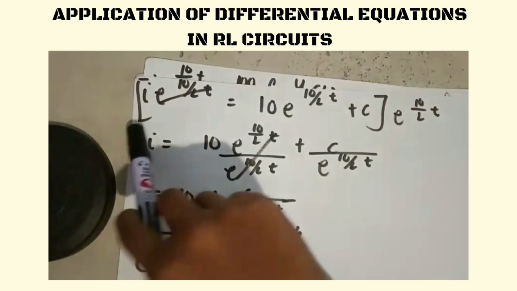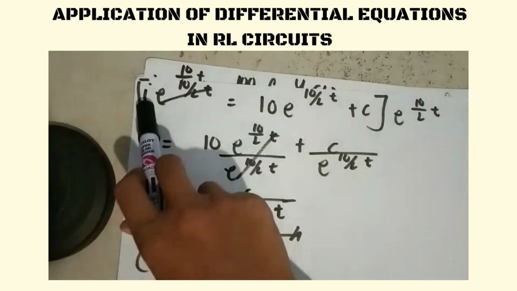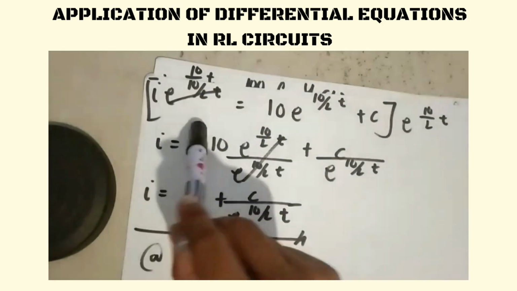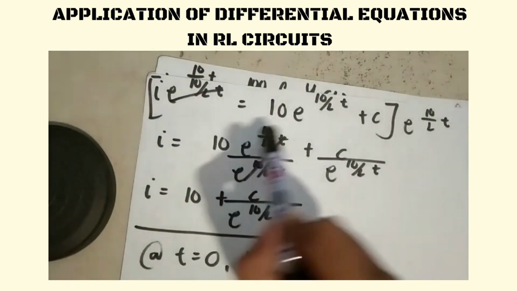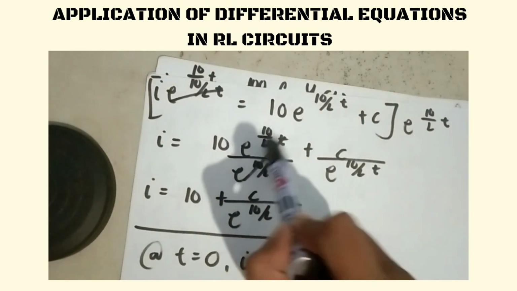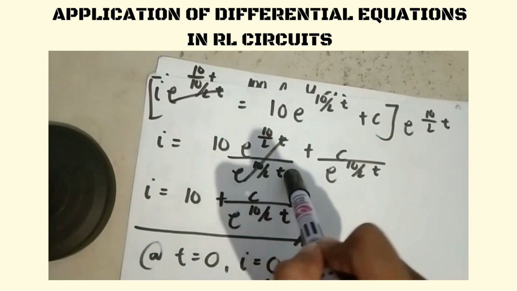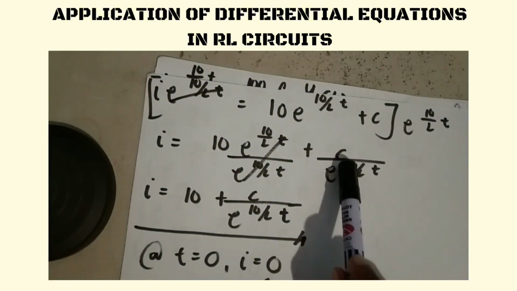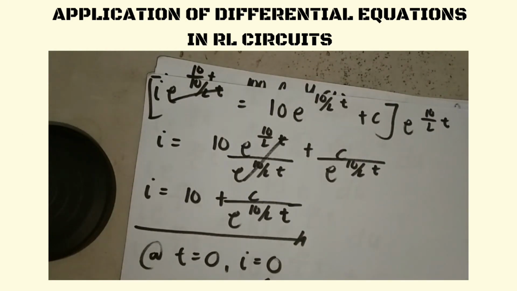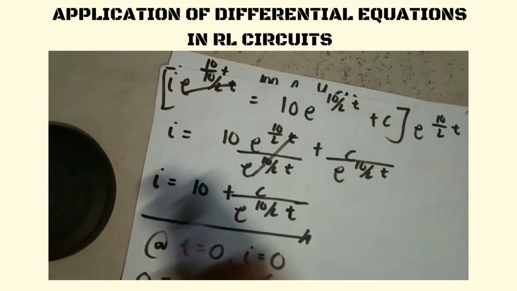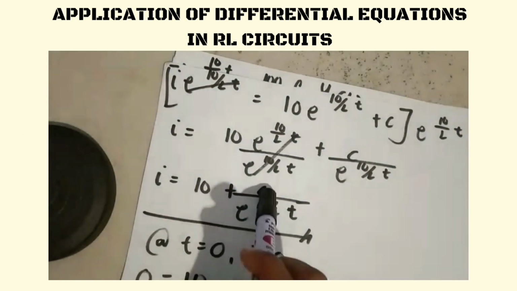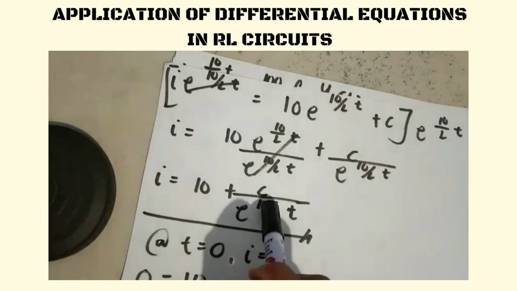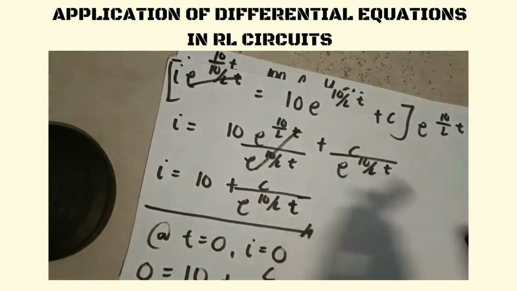Let's cancel the e over 10, so we get the I. Then I is equal to 10 e raised to 10 over L t over e raised to 10 over L t plus c over e raised to 10 over L t. So cancel this, then I is equal to 10 plus c over e raised to 10 over L t.